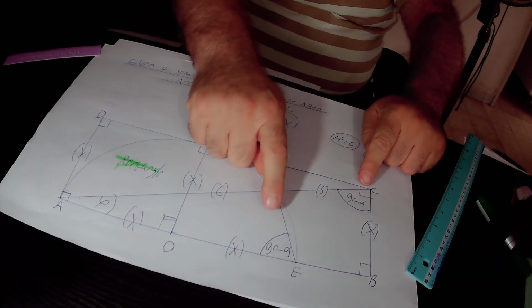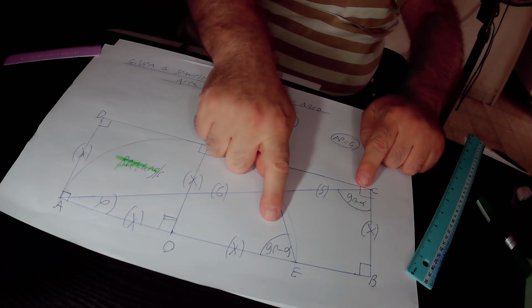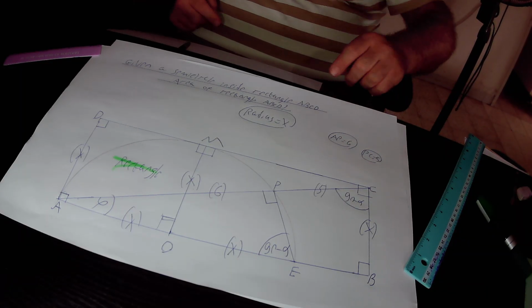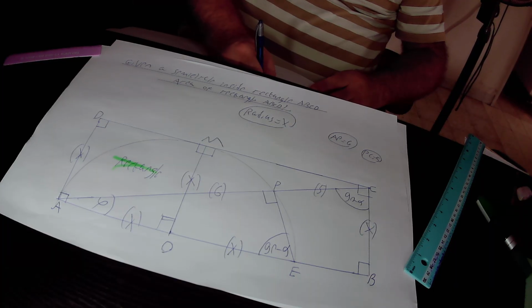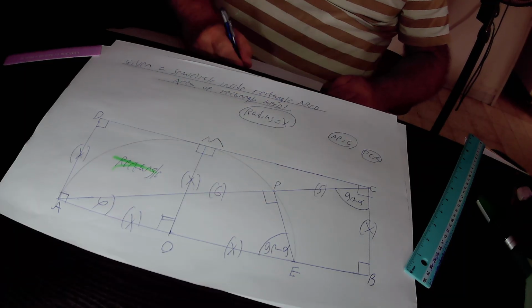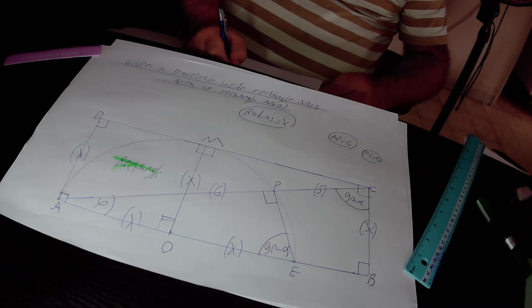And finally, those two angles are both equal to 90 degrees minus alpha, therefore they are equal to each other. So actually, this is angle ACB in the big right triangle ABC, and it is equal to this angle, angle AEP in the small right triangle AEP.